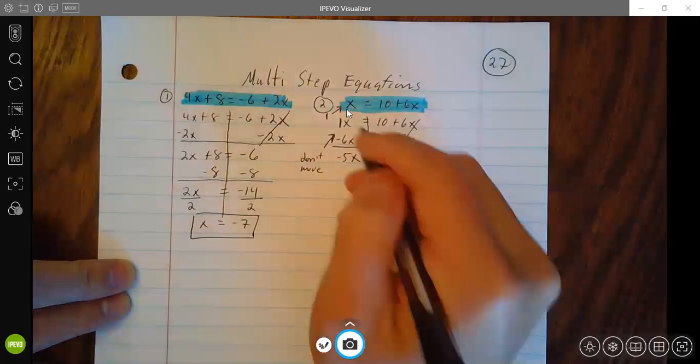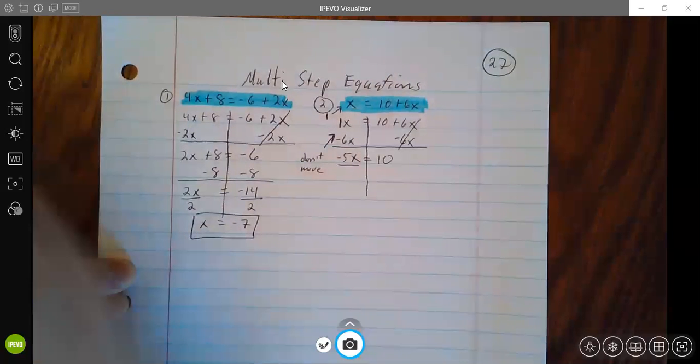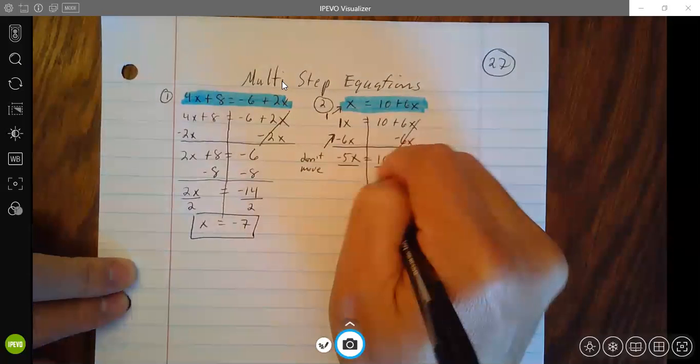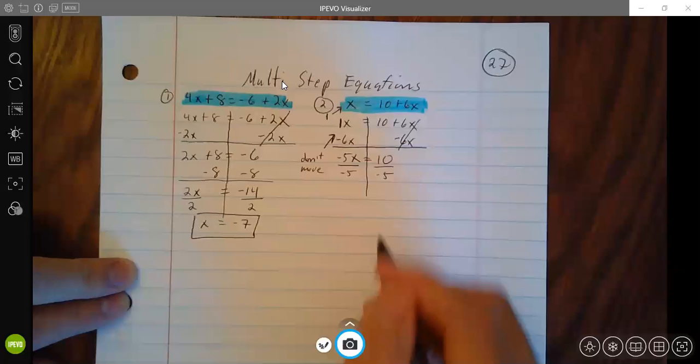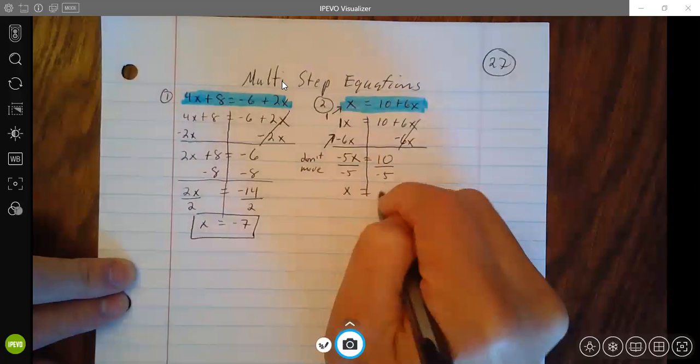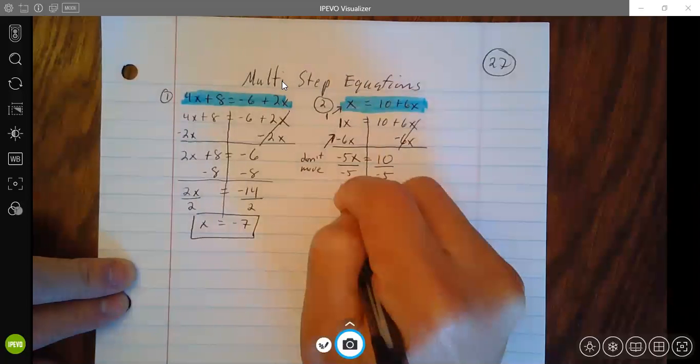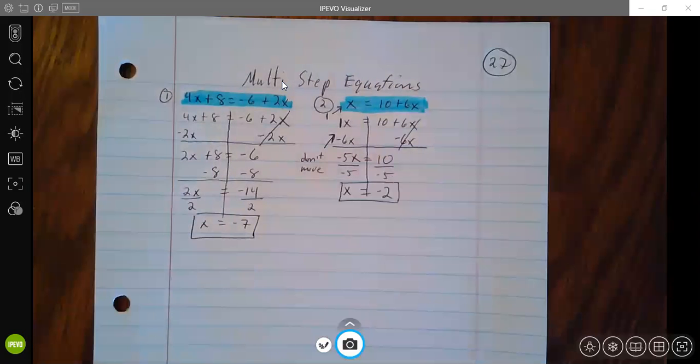So I'm going to divide by negative 5. Okay, so I have x equals 10 divided by 5 is negative 2. Okay. All right, so those were from yesterday. Let's go ahead and do another one.